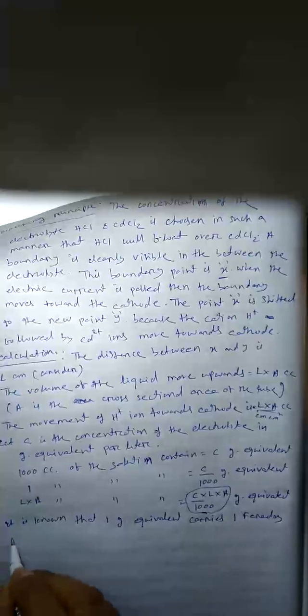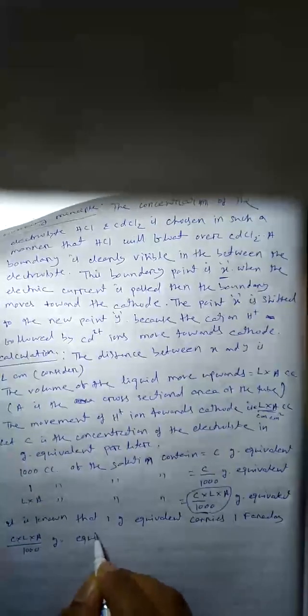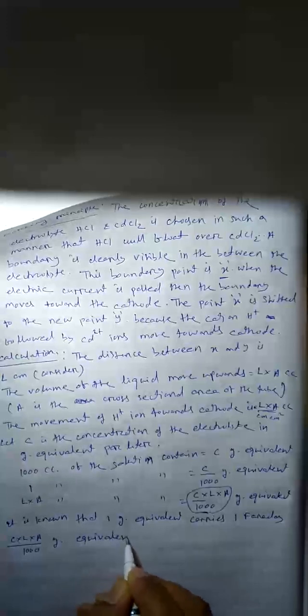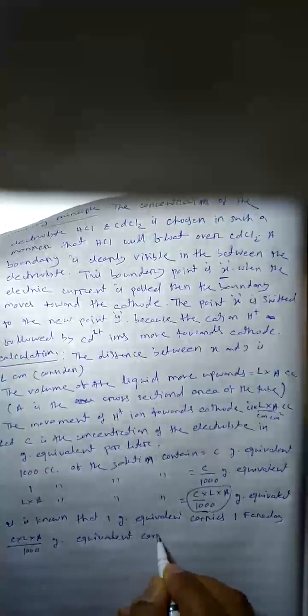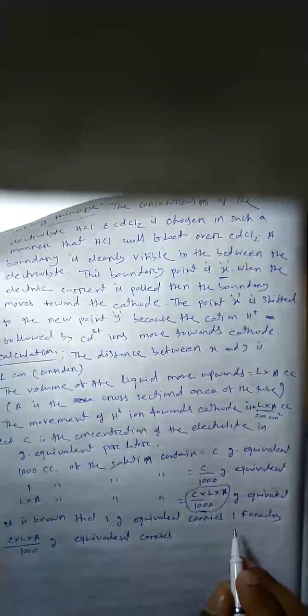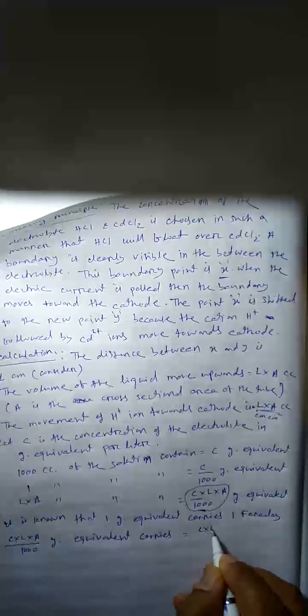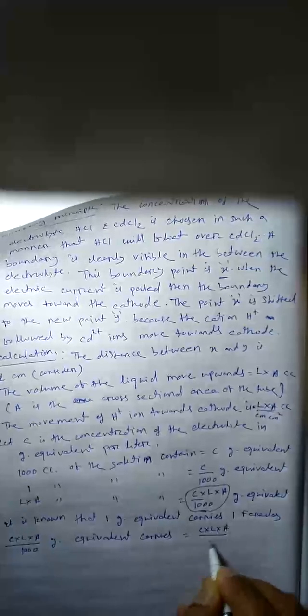So C into L into A divided by 1000 gram equivalent carries C into L into A divided by 1000 Faraday.